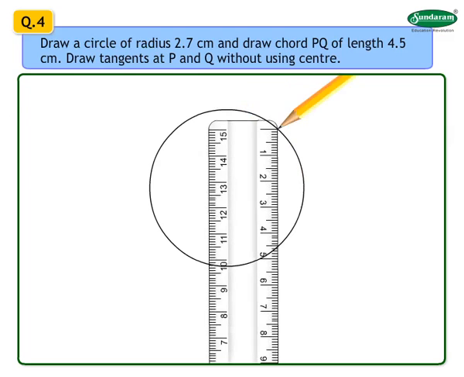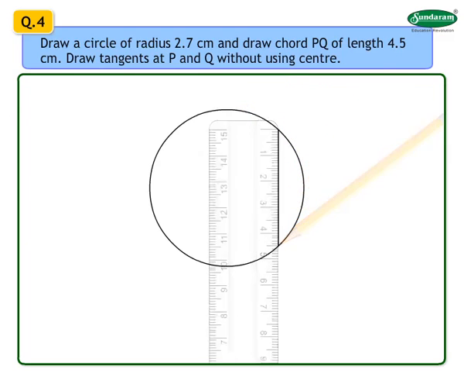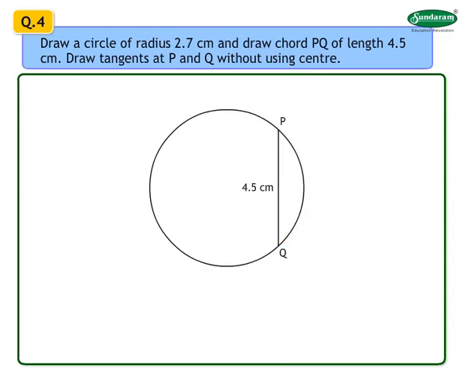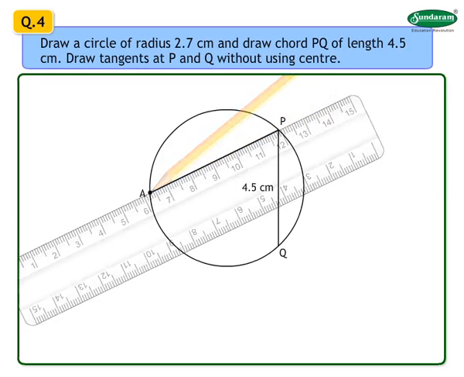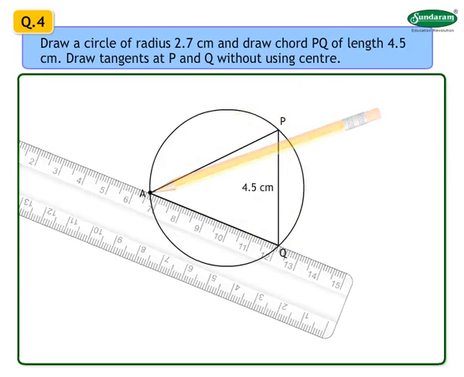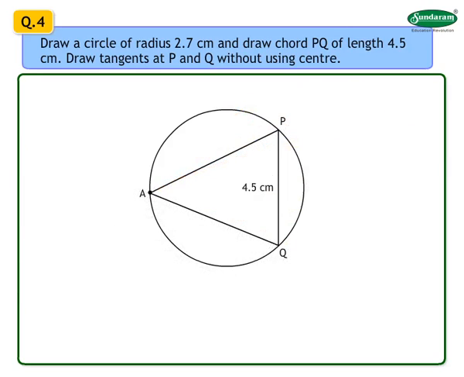Now, draw chord PQ of length 4.5 centimeters. Take any point A on the circle as shown and draw chords PA and QA. Now we got triangle PAQ.